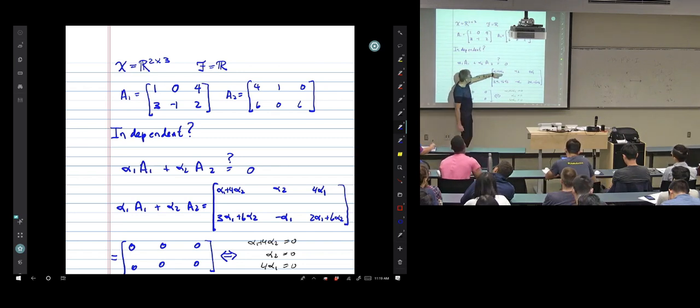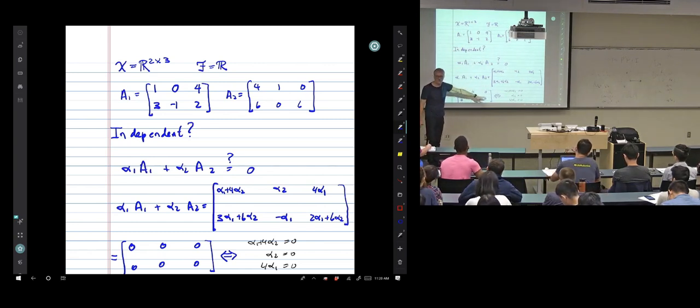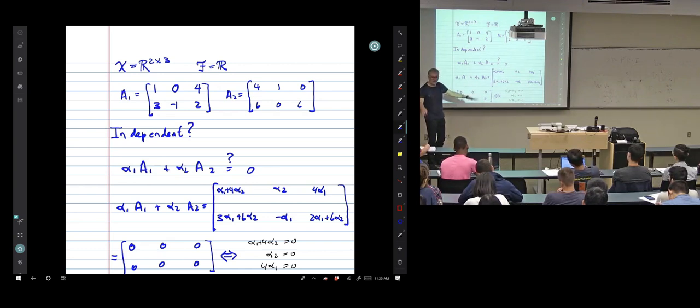So I have 6 equations now in 2 unknowns. If I wanted to be really mean to you, I would give you 5 matrices, and you'd have 6 equations and 5 unknowns. It would be horrible. You wouldn't like me, but it would be the same thing.